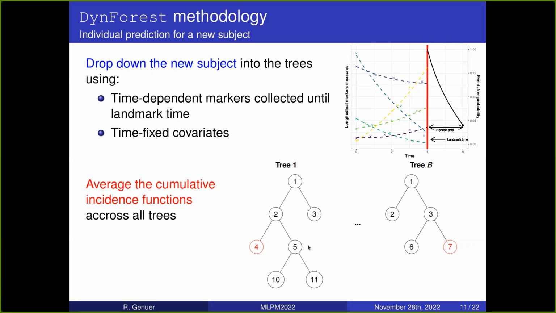And then you will take the average of your cumulative incidence function estimators of all your trees to get the aggregated cumulative incidence function for this individual, and then you can deduce its probability of event-free, to not experience the event at a given horizon time here of 2 years.